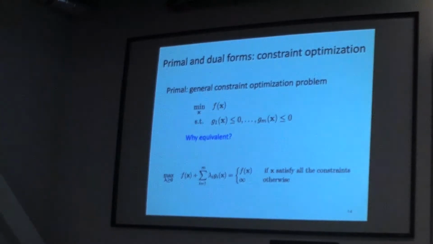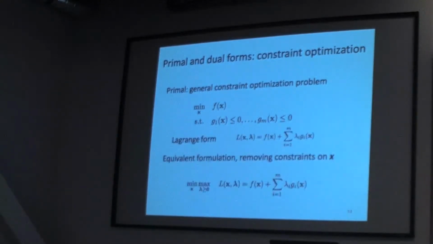But if the given outside x violates any of these constraints, your inner maximization step will give you infinity. That's definitely not our optimal x, because our optimal x should give a minimum of the Lagrange function.